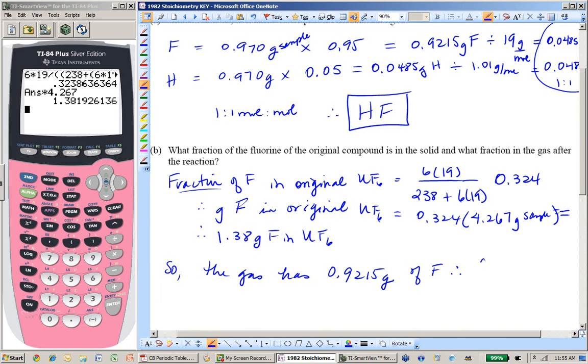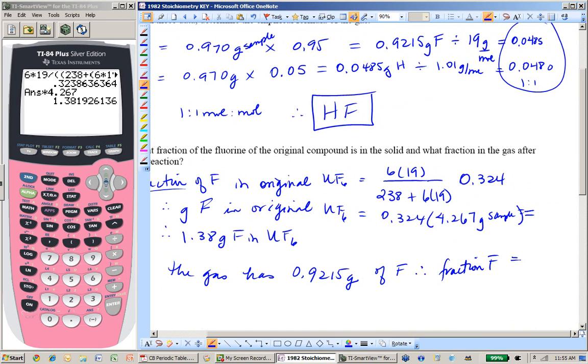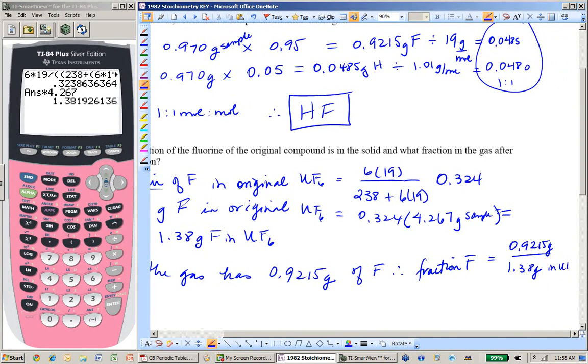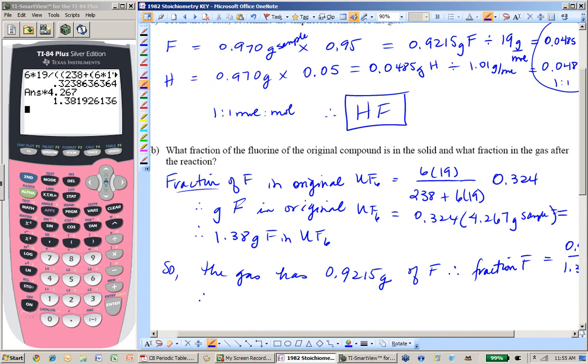Therefore, the fraction of F is going to be equal to the 0.9215 grams over the total mass, which was the 1.38 grams that was in the UF6. 0.9215 divided by 1.38, and I come out with 0.67 essentially.